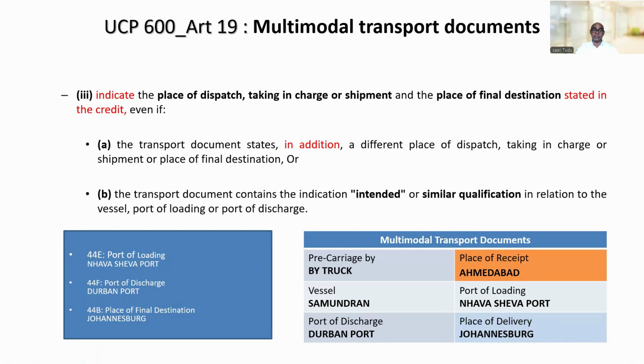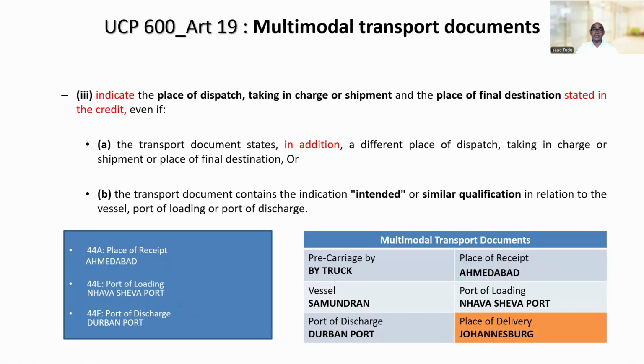In this example, you can see it starts from Ahmedabad instead of Port Nhava Sheva, and in this example it goes up to the final place of destination, that is Johannesburg, not only up to the Durban port. So this allows a carrier to issue a document which covers not only the journey foreseen by the LC, but the entire journey of the goods.